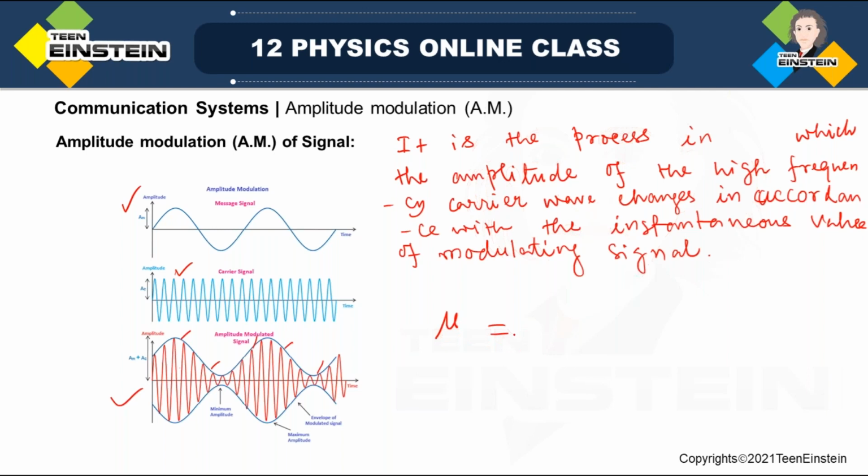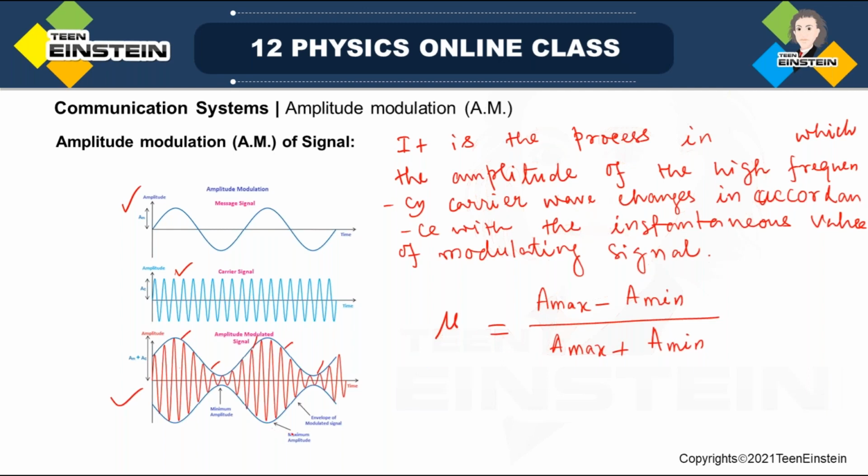This modulation factor or percentage modulation is given by mu equals A max minus A min, divided by A max plus A min. I'll tell you what A max and A min are. They are the maximum and minimum amplitudes of the modulated signal. You look, this is the modulated signal.